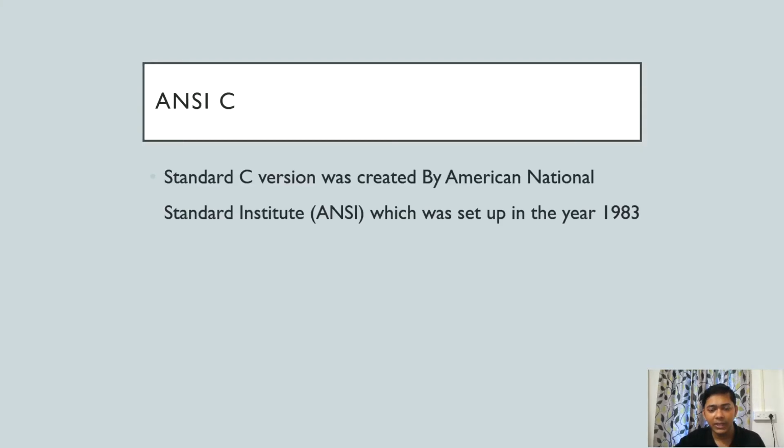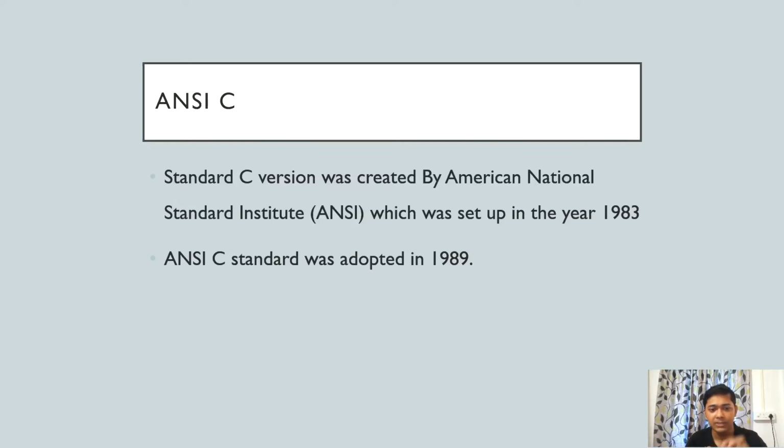Fine. Then ANSI C. When C programming was developed, there was no standard specified for it. As a result, in the year 1983, ANSI, that is American National Standards Institute, was created to develop the standard version of C programming, which is popularly known as ANSI C. Okay, the ANSI C standard was adopted in the year 1989.